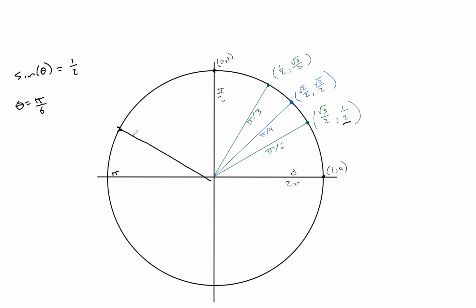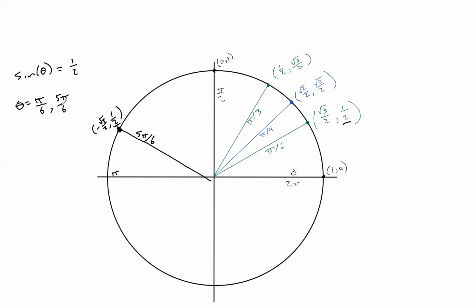So that would be 5 pi over 6. And so this point at 5 pi over 6, we've got this point negative root 3 over 2, 1/2. The y value here is 1/2. So 5 pi over 6 would also be a solution.